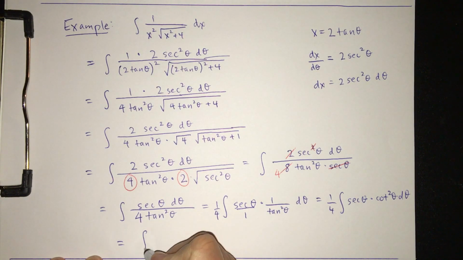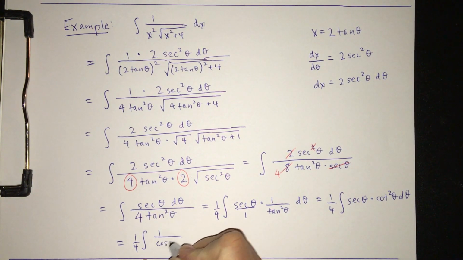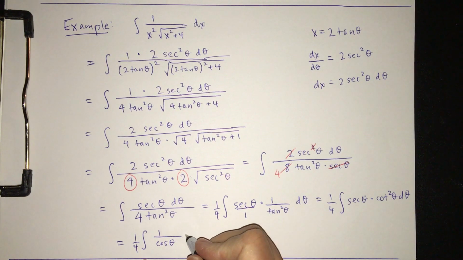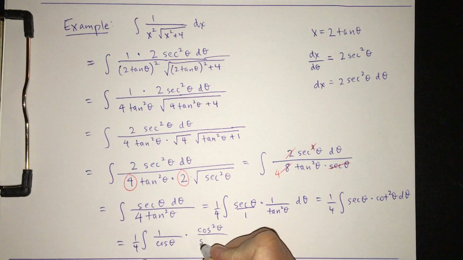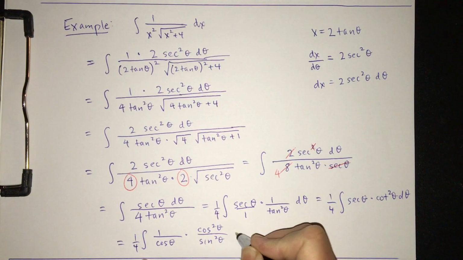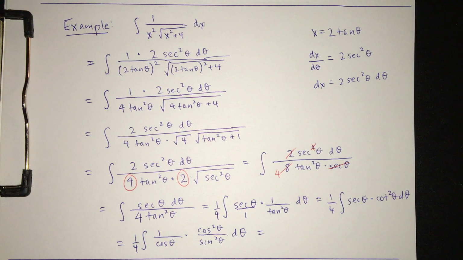So I will have the integral, let's put in 1/4, 1/4 the integral of 1 over cosine theta times cosine squared theta over sine squared theta d theta. And if I reduce this, I can reduce this cosine theta on the bottom with one of these on the top.